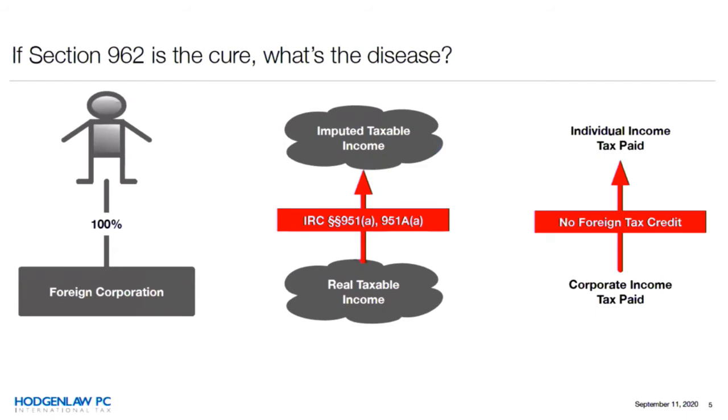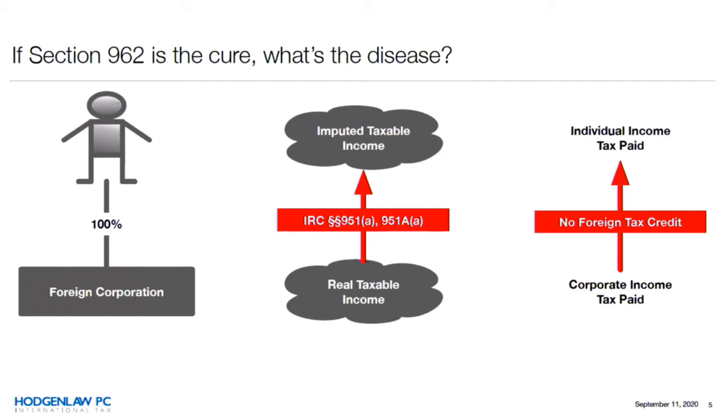So let's step back and say, well, if Section 962 is so fabulous and it's going to cure every disease we have, what exactly is the disease? And here's the problem. You have a foreign corporation and it earns money. It makes a net profit at the end of the year. And wherever that corporation exists, it's going to pay corporate income tax in that country.